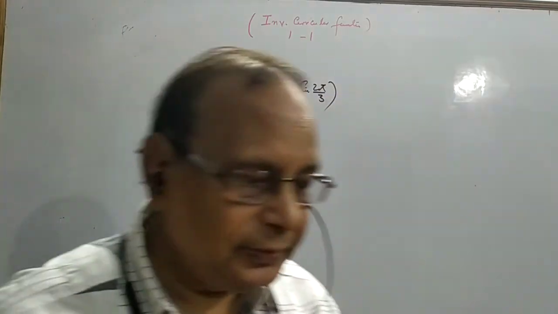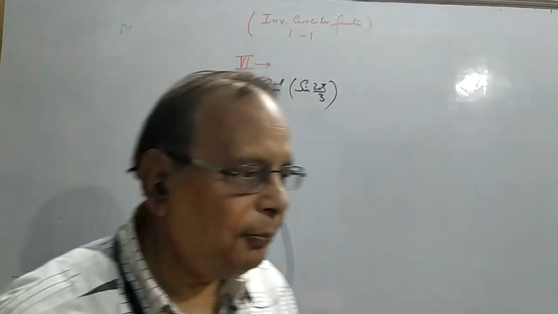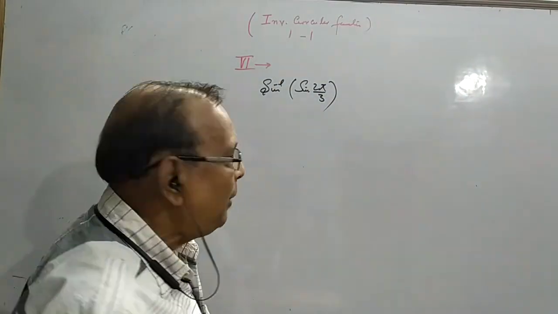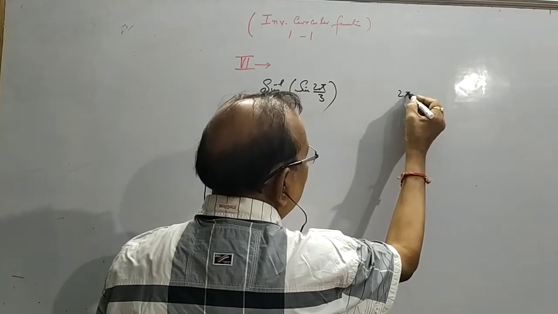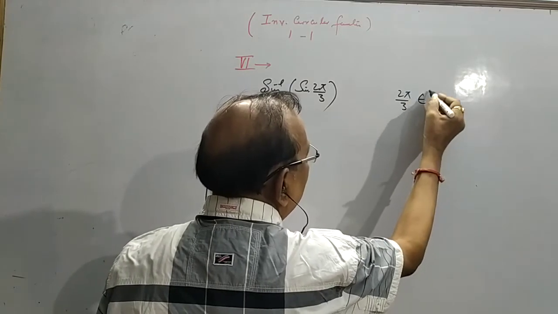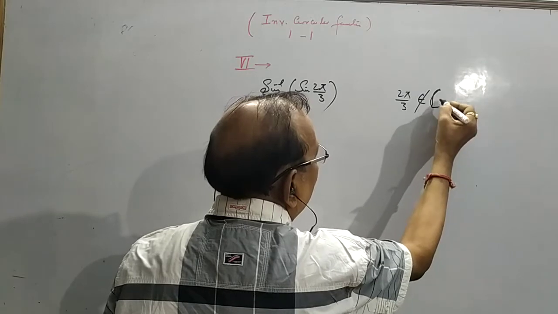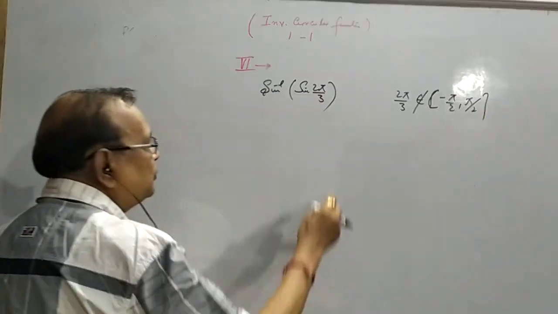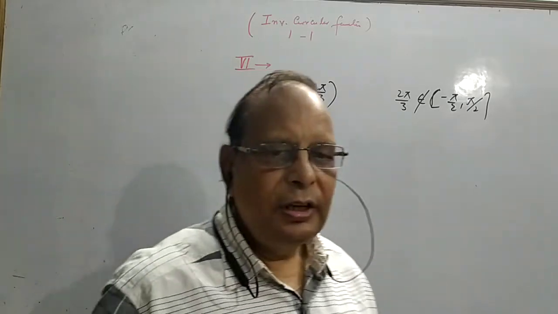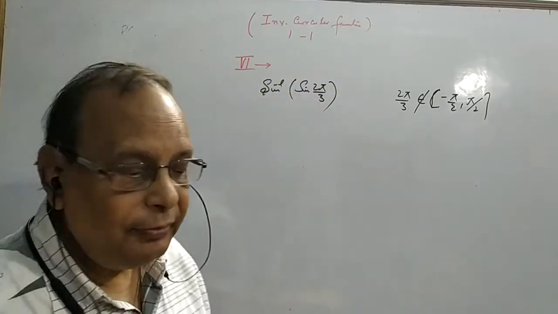That is not 2 pi by 3. It may be, it may not be, but that is not so here. As 2 pi by 3 does not belong to minus pi by 2 to pi by 2, how will we get it? First of all, we have to convert into principal values.